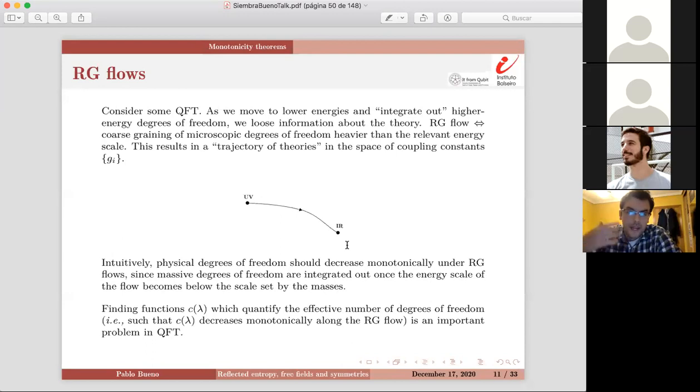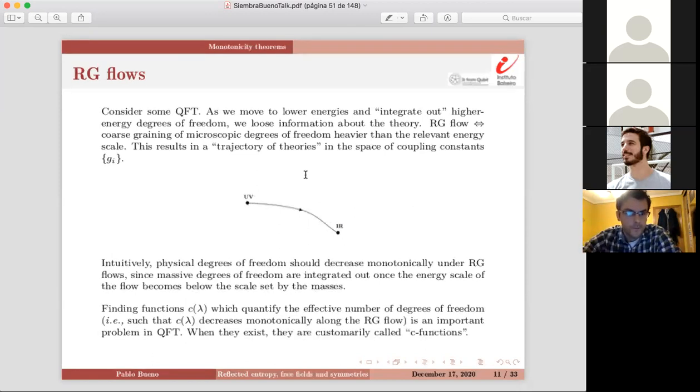So finding functions which quantify the effective number of degrees of freedom is an important problem in quantum field theory. These functions are what are called C functions usually, and this lambda is a parametrization of trajectories here. And it's not an easy problem in general, even though intuitively it's clear what should happen.